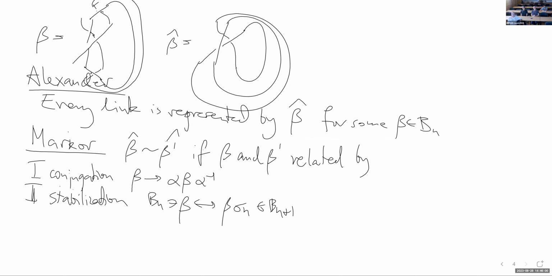And then the second move is also not that mysterious or surprising, perhaps. The second move says that I can add an extra crossing here and now do the closure.